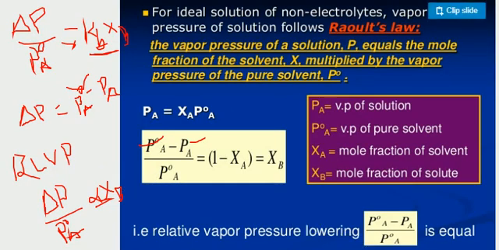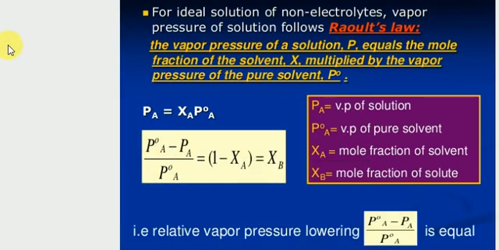You know very well here that XA plus XB is equal to 1. Clear?